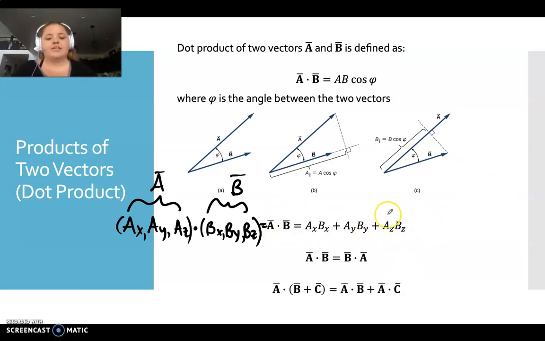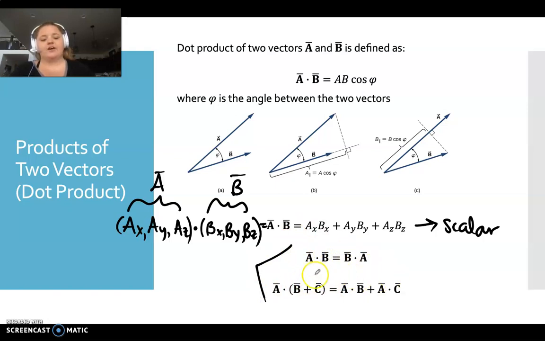And when you take the dot product between two vectors, you should end up with a quantity that is scalar. So this should give you a scalar quantity. I have a couple of properties here, and one of them is that they are commutative, that you can switch between the two of them.